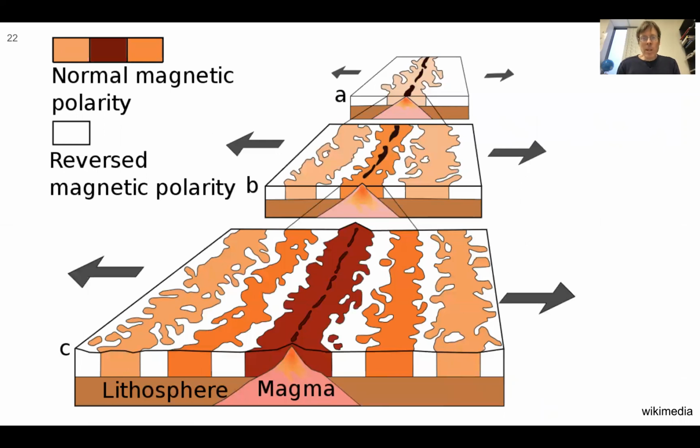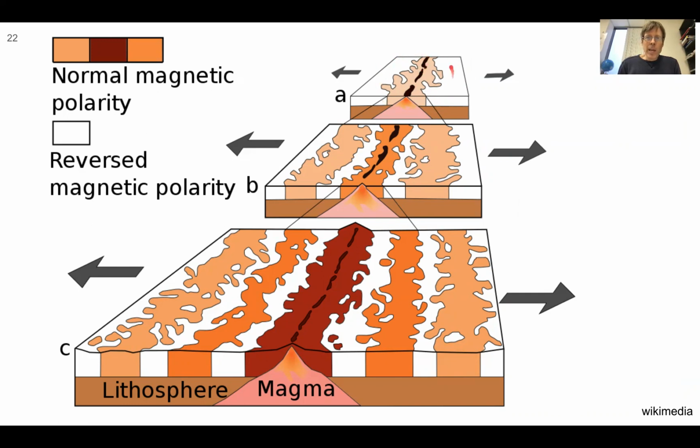So if you look in Wikipedia for a textbook view of explaining this process, it starts with sort of a profile, a three-dimensional view of magma upwelling with new seafloor being made. So we want to start back at the top here, and the normal magnetic polarity, such as today, is shaded the colors, and when it reverses, it's shaded white here.